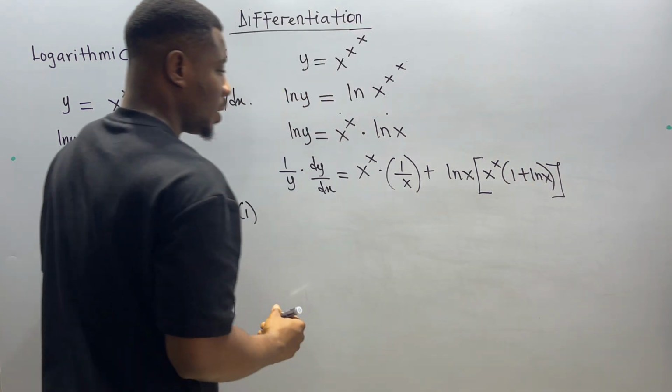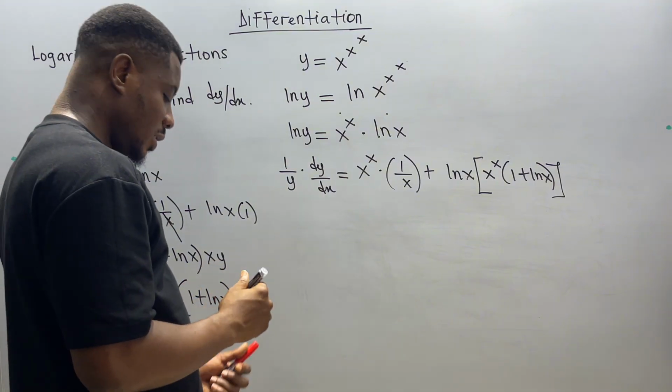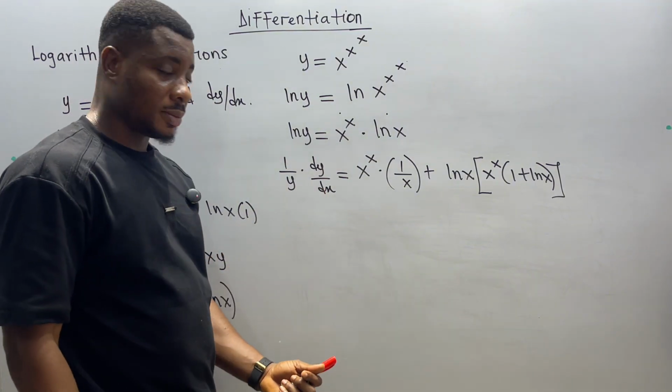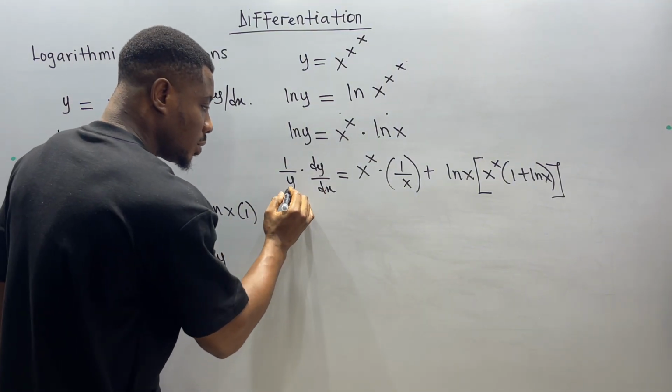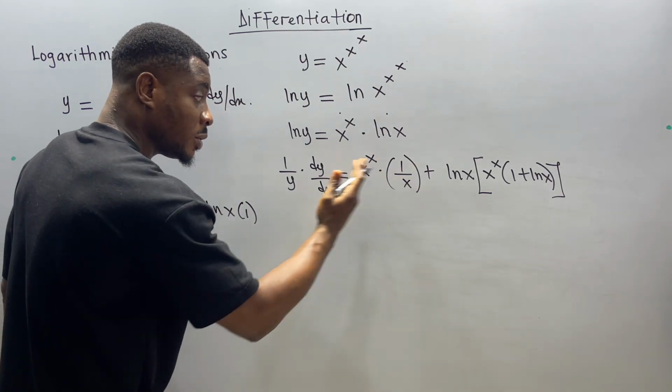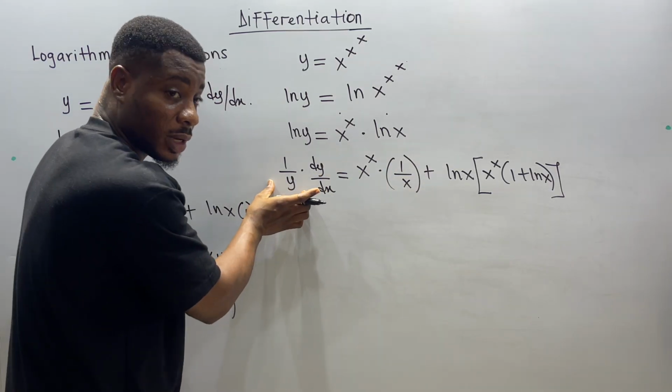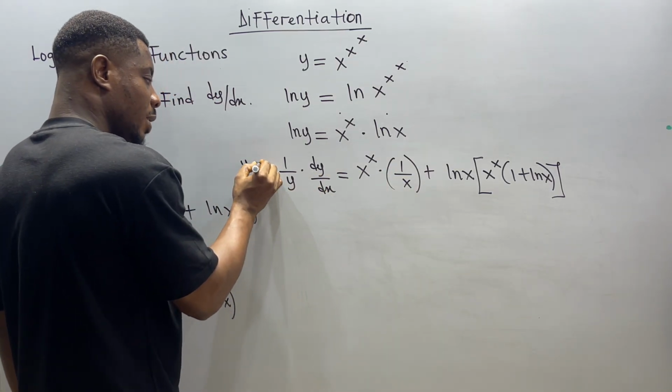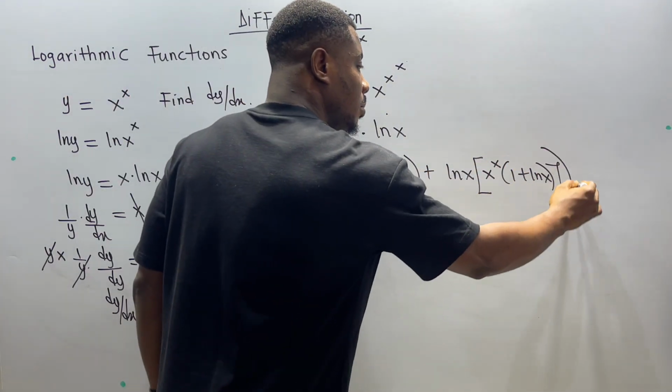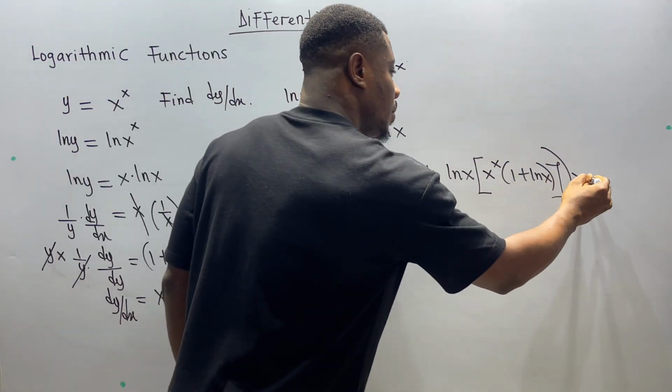Now, the next thing I'm going to do is to make dy over dx the subject. How do we do this? We multiply both sides by y, so that y cancels out from here, and I'm also going to multiply everything here by y.